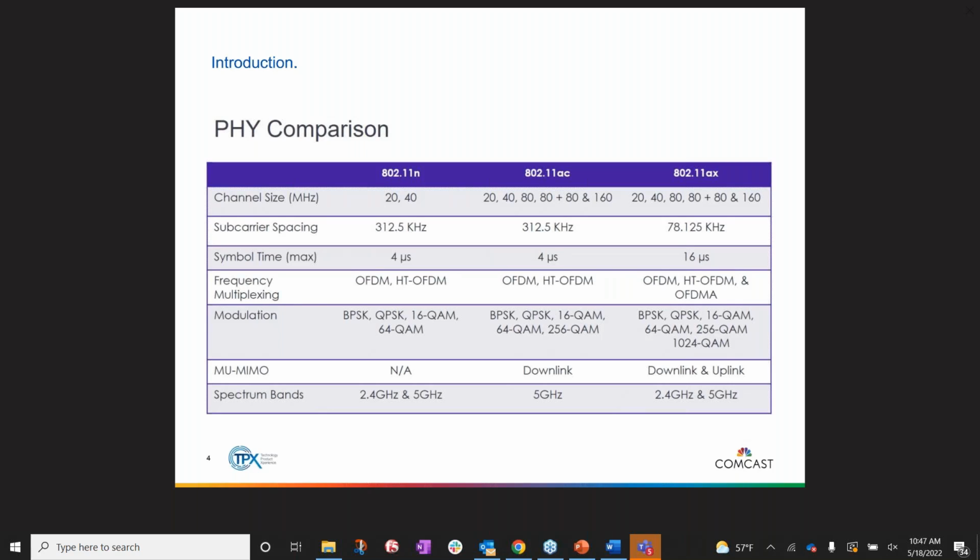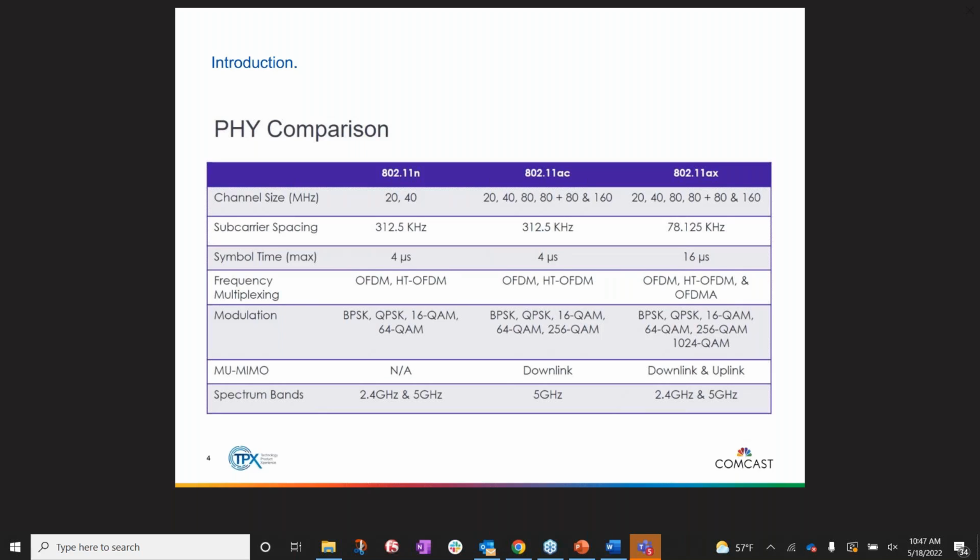So we can join two 20 megahertz blocks together so that we can pump more traffic. The only condition here is the secondary channel. When you try to join, that secondary channel should be idle so that no other access point is sharing the same secondary channel. That's the only condition to do channel bonding.